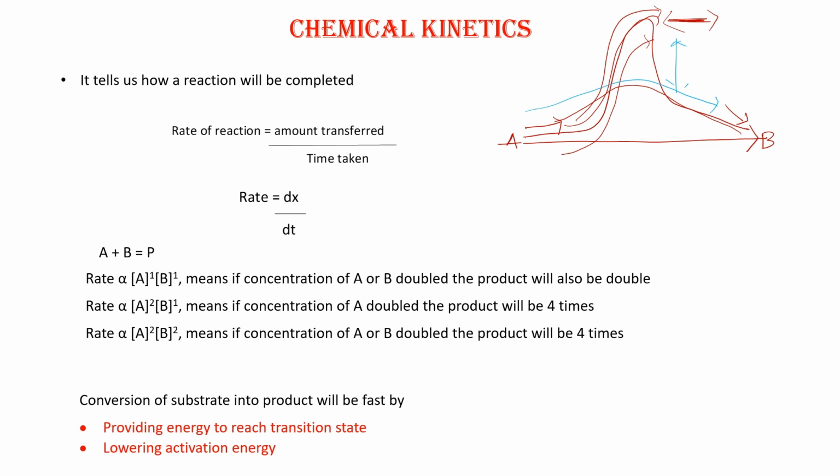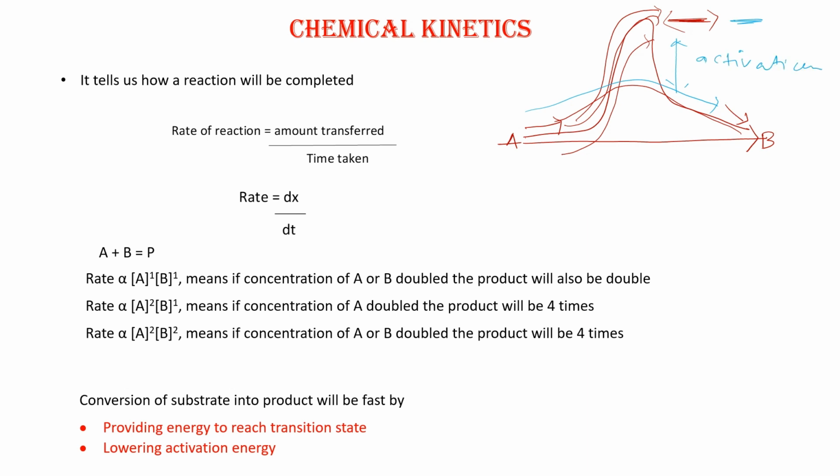Similarly, for a substrate to convert into product, there are two ways. Either we have to provide energy so that this transition state is easy to cross, or we have to lower this activation energy. Correct? Because to reach the transition state, we are giving energy. That energy is known as activation energy.